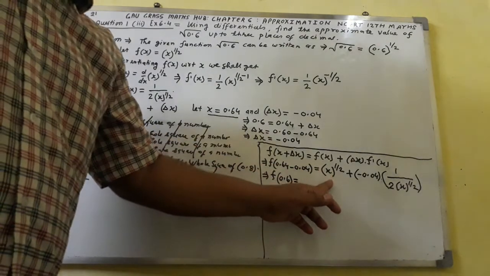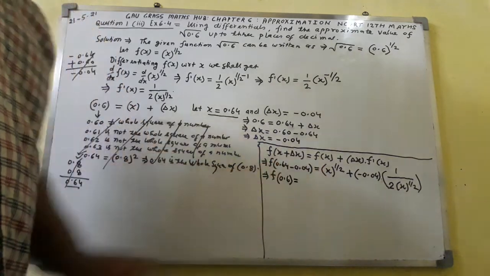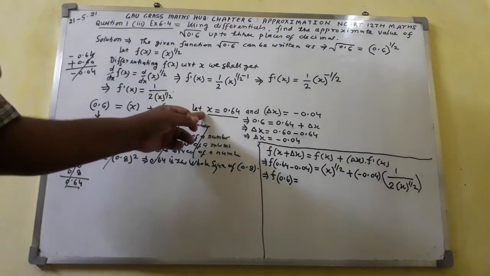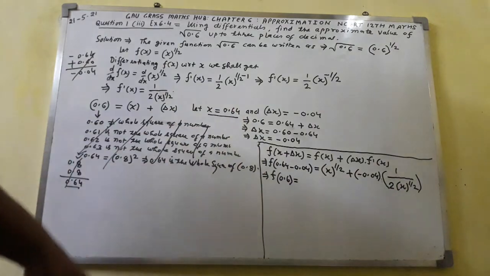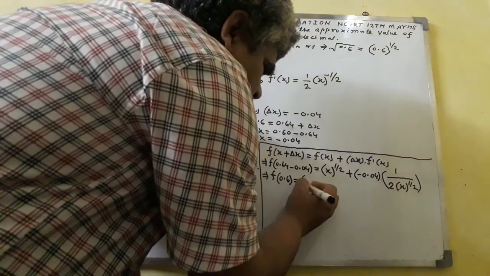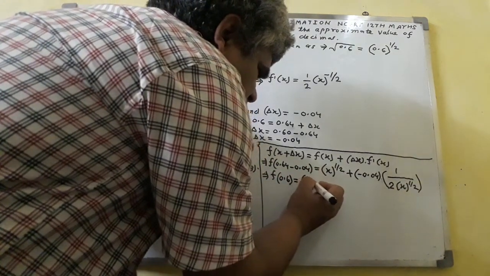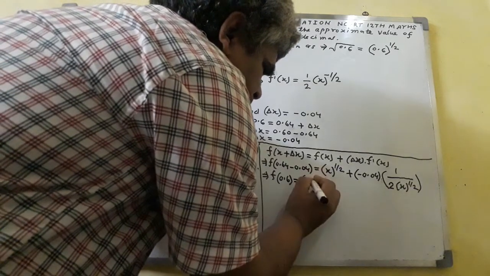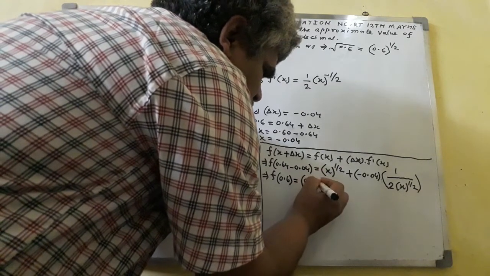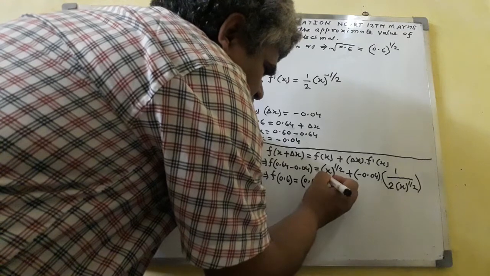And the value of x I shall write from this place. Here you can see x is equal to 0.64. So here write the value of x, 0.64 raised to the power 1 over 2.